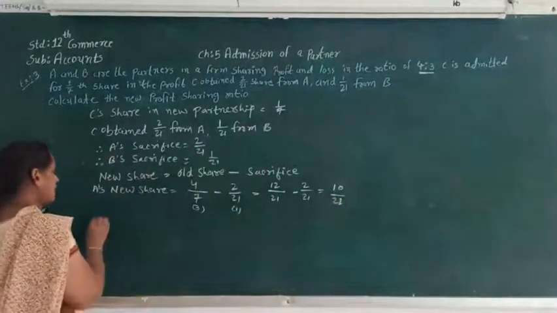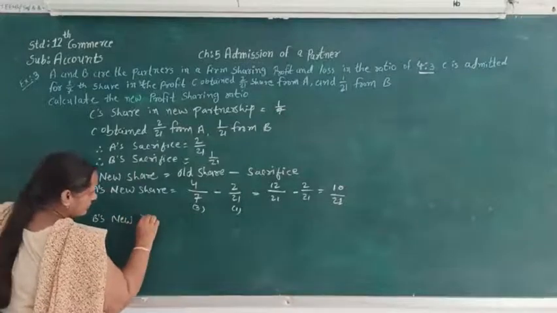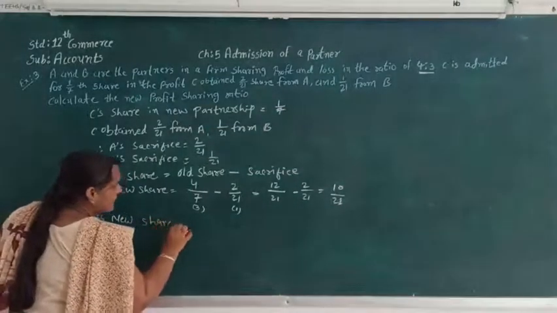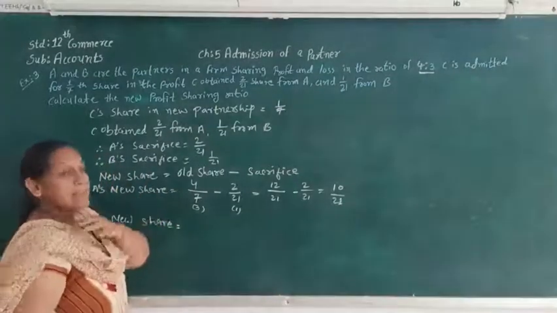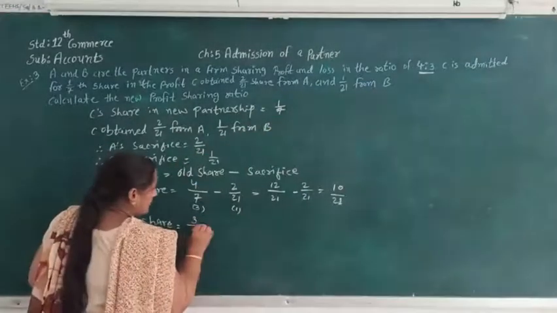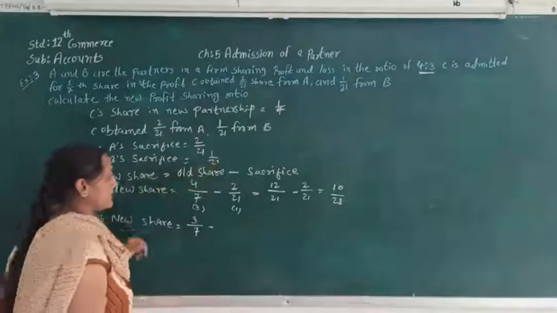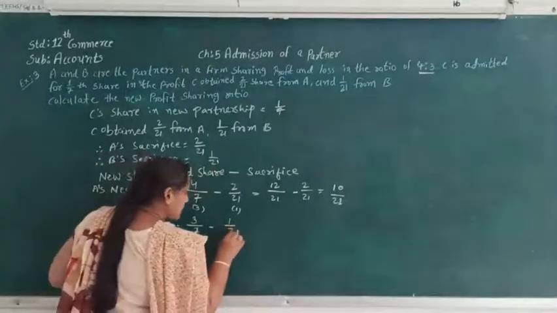And now let's find out B's new share. B's old share is equal to 3 by 7 minus B's sacrifice, 1 by 21.